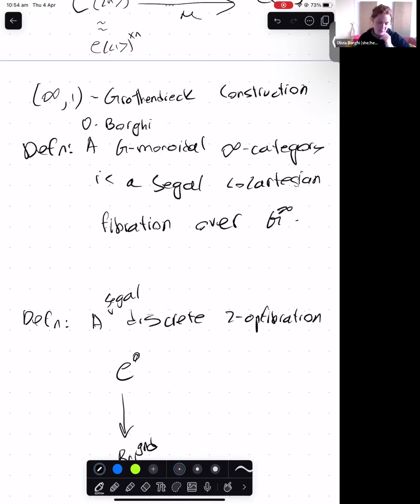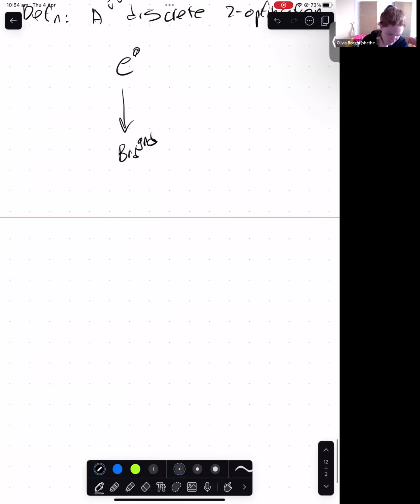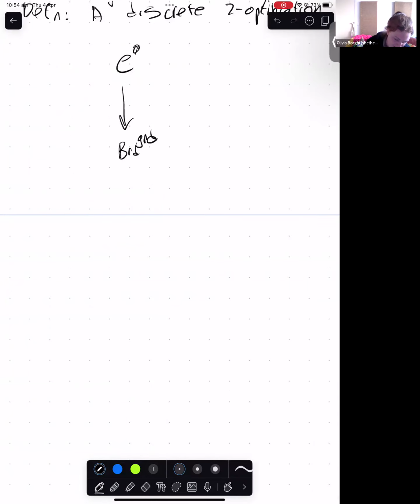Okay. So we have this definition now, and we're almost out of time, but I'm going to briefly write down some theorems that will give you a good idea of why this is the right definition.